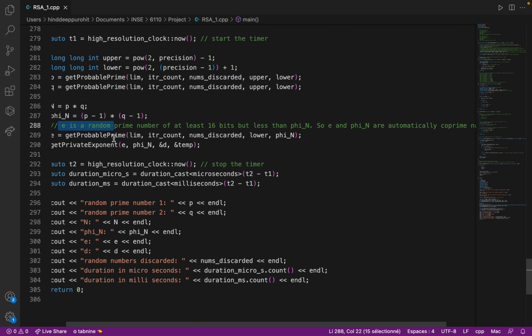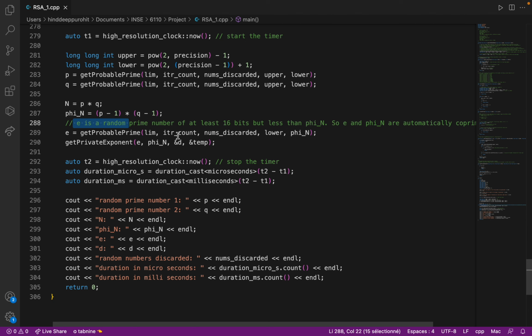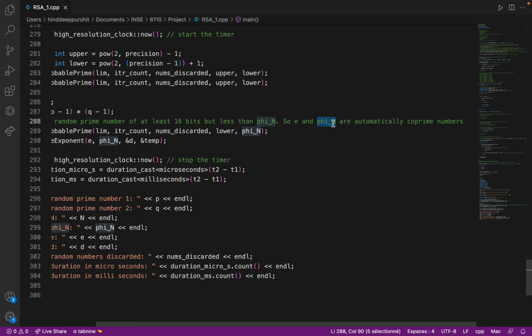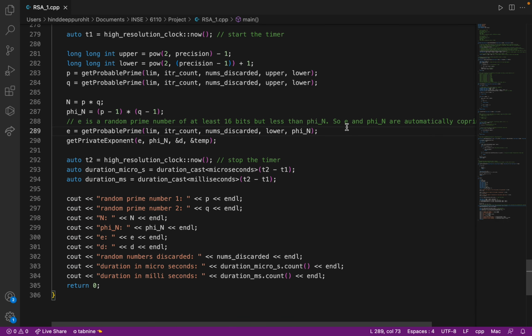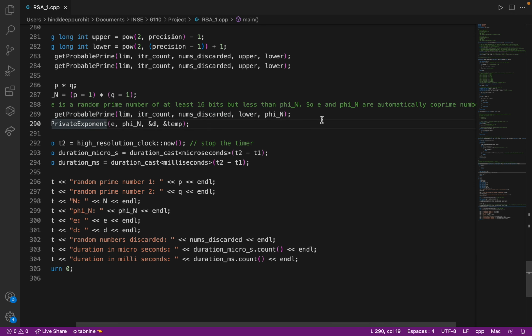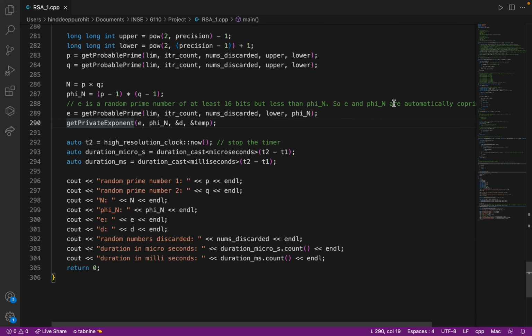So we calculate a random number which is lower than phi n. And since we need a prime number, E and phi n should be coprime. So that makes the execution of this algorithm fast. We don't have to check whether they are coprime or not, because two prime numbers are anyways going to be coprime.